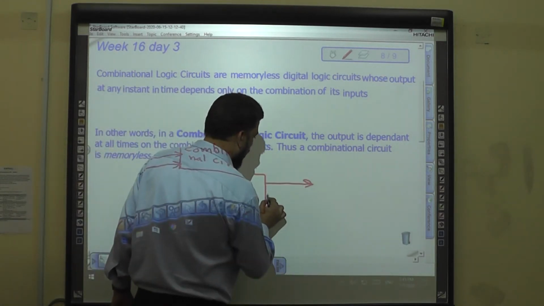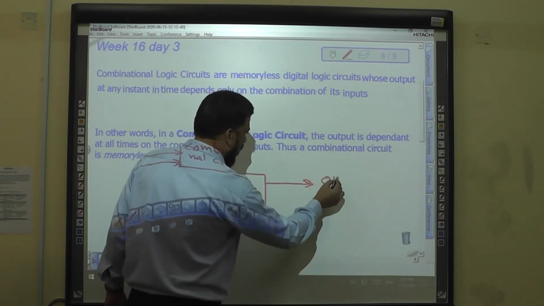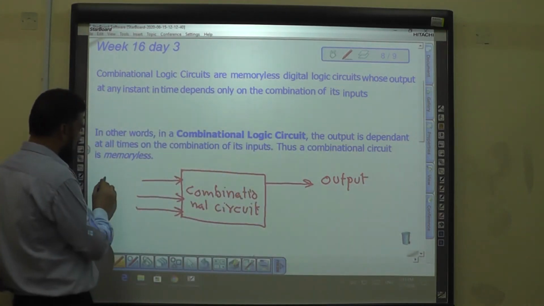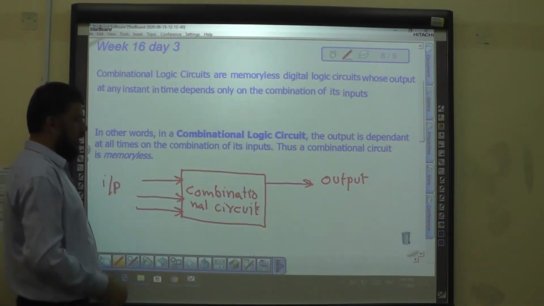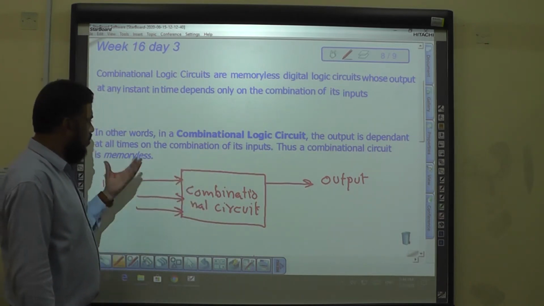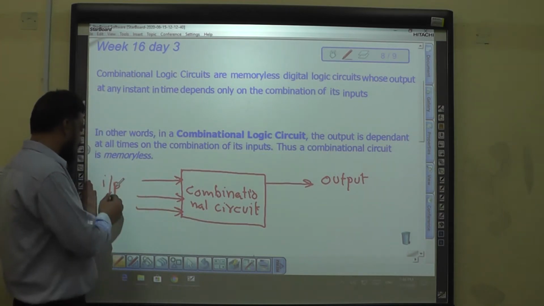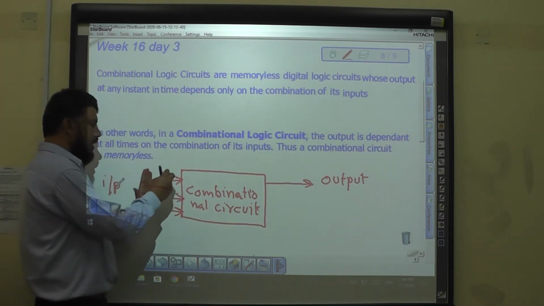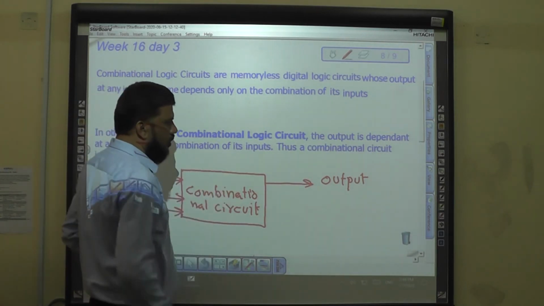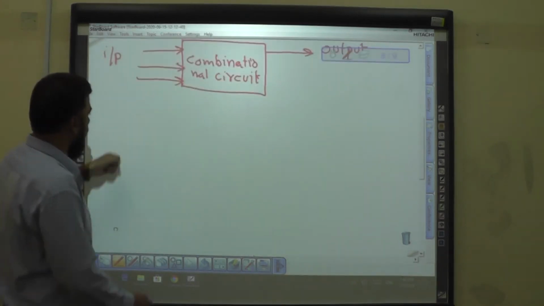For example, we have the output here and we are applying some input. So input may be 1 or 2 or 3. We can use 2 or 3 gates. According to the input we are applying and the function of the basic logic gate, the output will be produced.